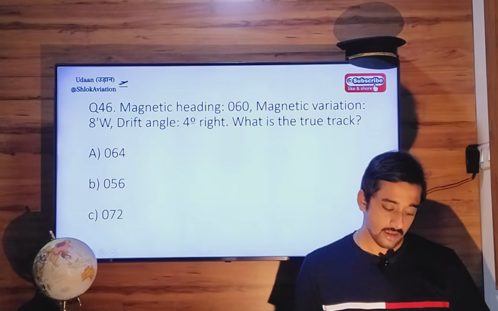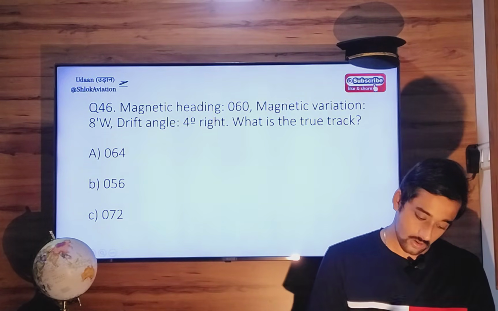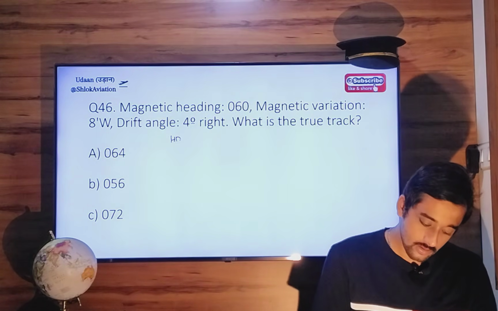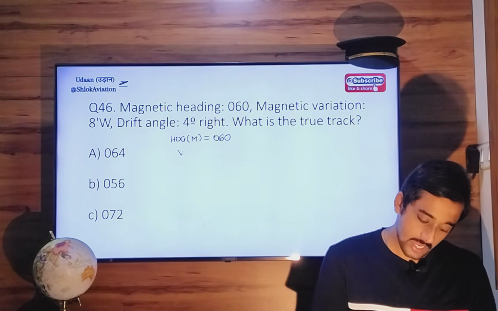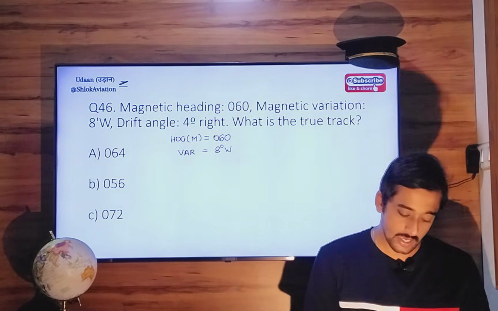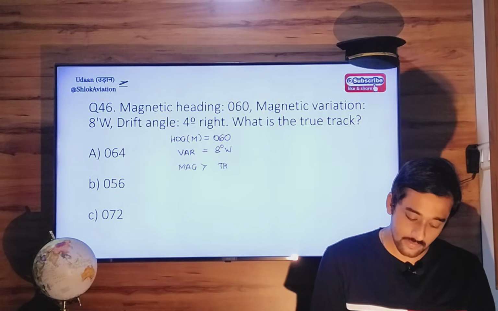Magnetic heading, magnetic variation, and drift are given. What is the true track? So if magnetic heading is 060 and variation is 8 degree west. Variation west means magnetic direction is more than true direction.